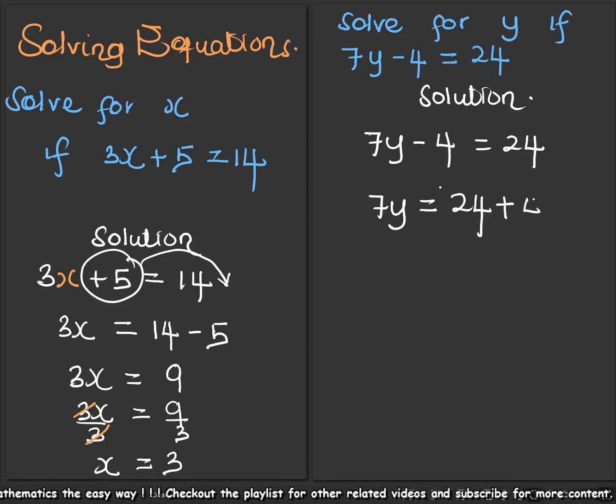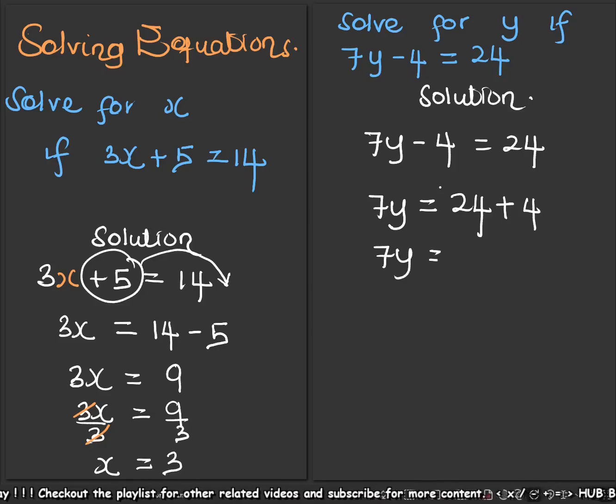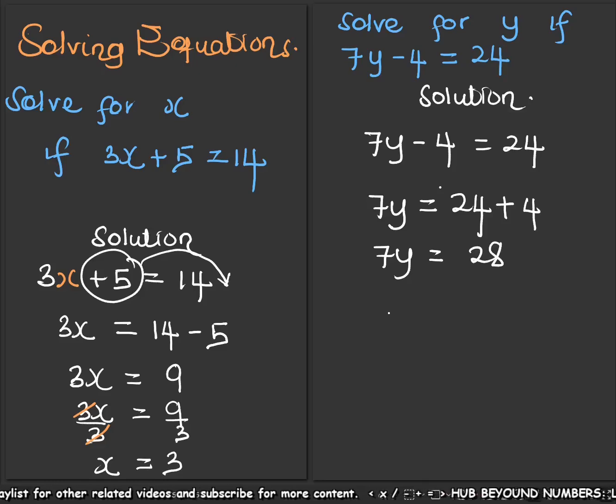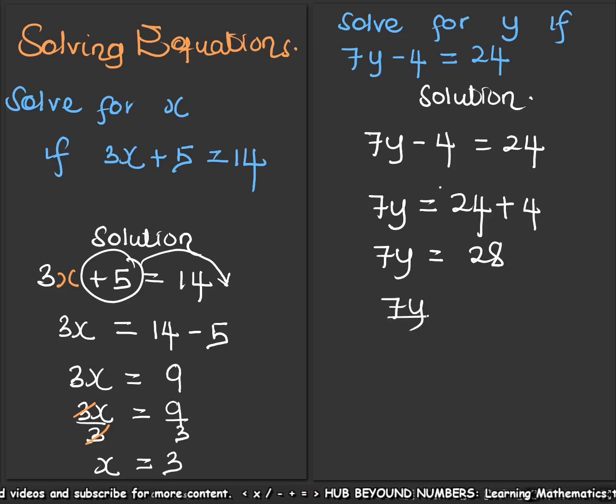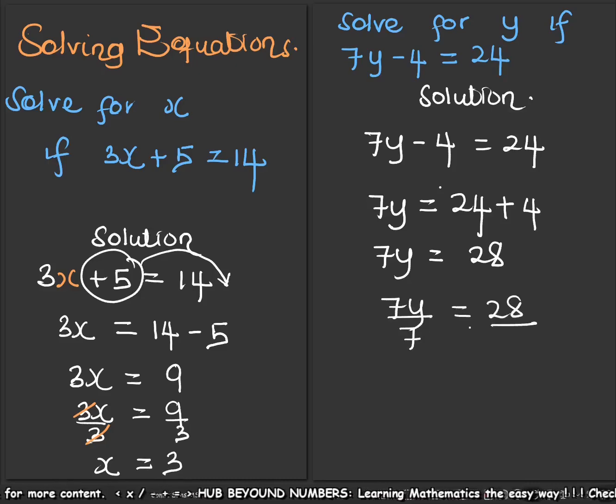So positive 4. We do our simplification. 7y is equal to 24 plus 4, giving us a 28. Now we want to deal with the 7, so we divide both sides by 7. Why are we dividing by 7?